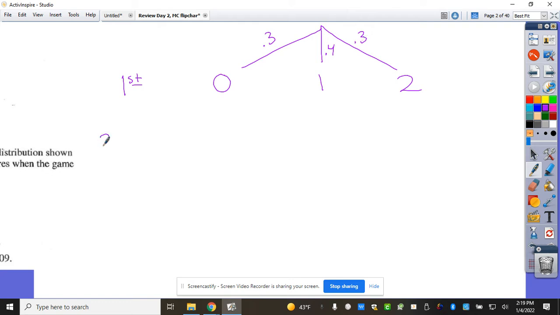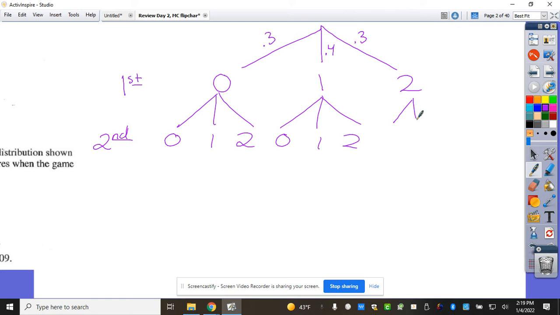Alright, I played the game a second time. If I had 0 points, does that change my options for my second game points? No. So all of those, I could again get 0, 1, or 2 points, and with 0.3, 0.4, 0.3 at each of those.